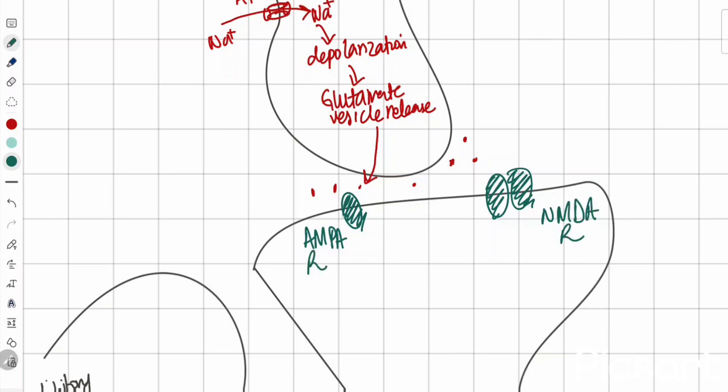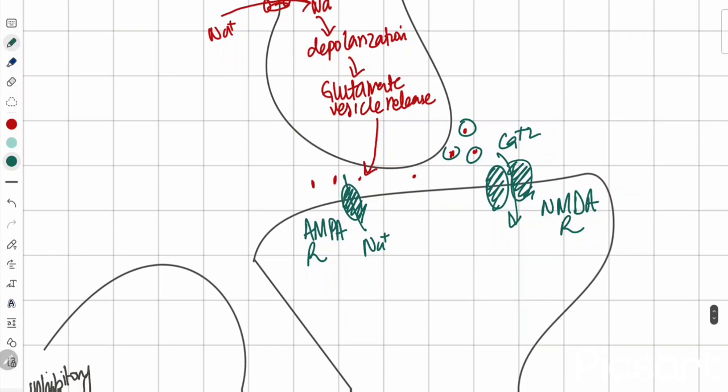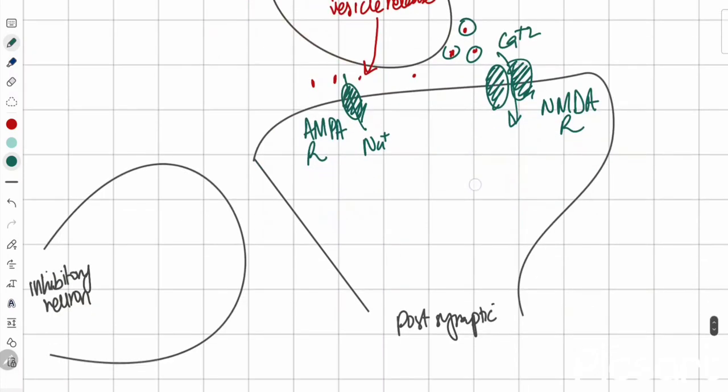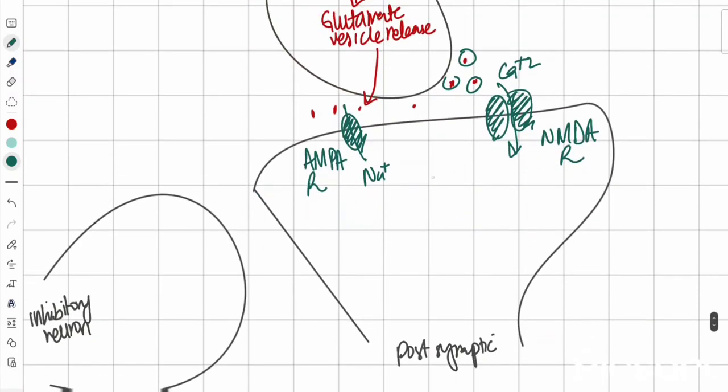When attached by glutamate, AMPA causes influx of sodium, and NMDA causes the influx of calcium. That's how your postsynaptic neuron gets depolarized, and that is an action potential.